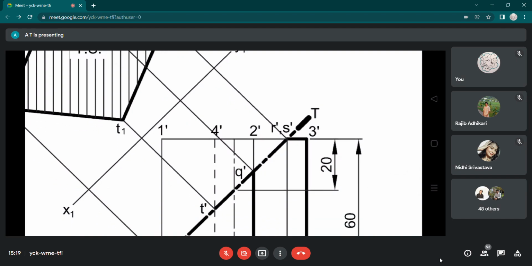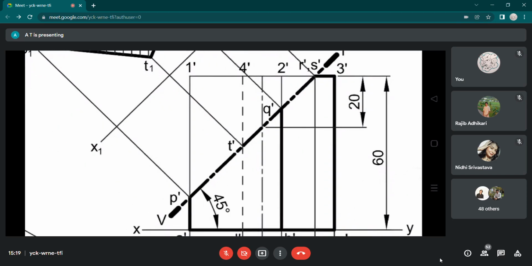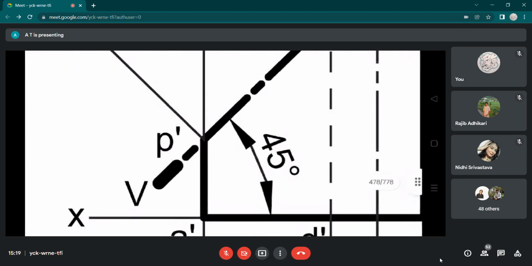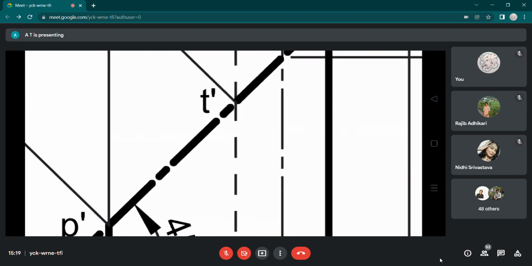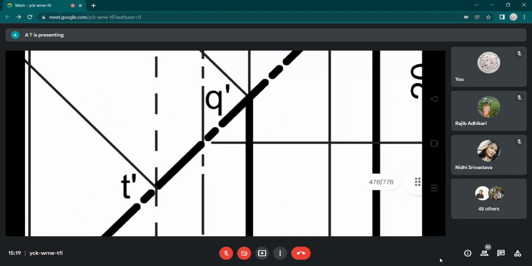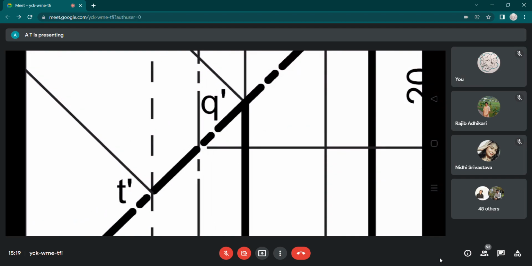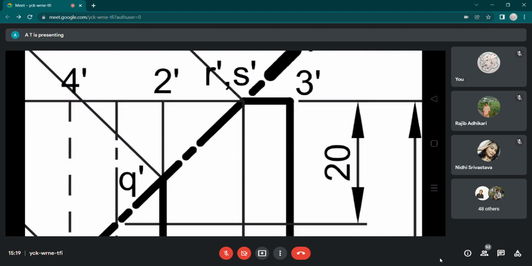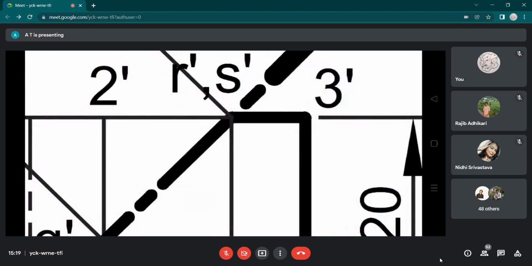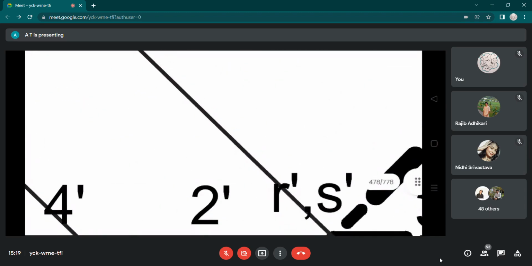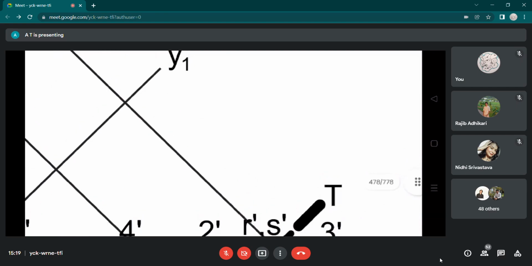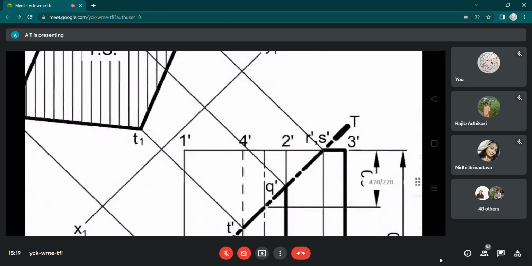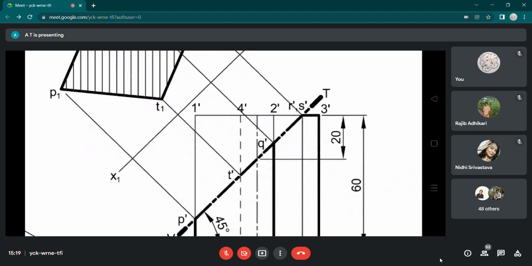Now project points P dash, Q dash, T dash, R dash and S dash on this line x1 y1. Yes or no?